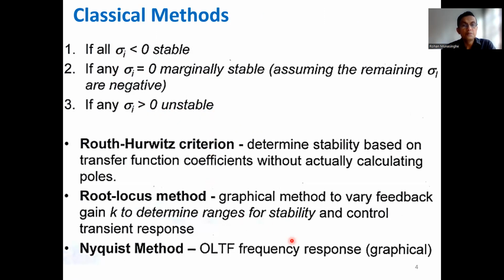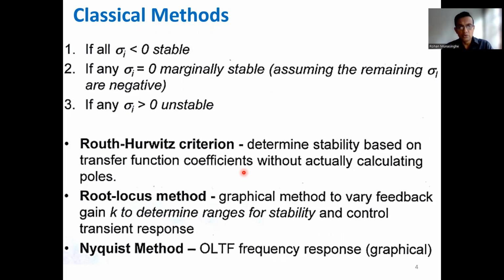Then you have the other technique, the Routh-Hurwitz criterion. It determines stability based on transfer function coefficients. When you have the transfer function, look at the denominator, which is what we call the characteristic equation when you set it to zero.